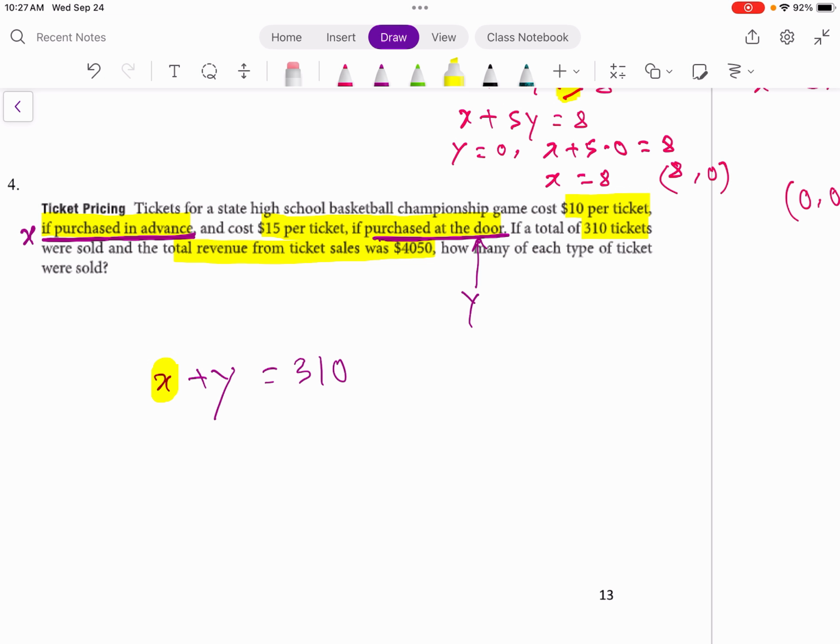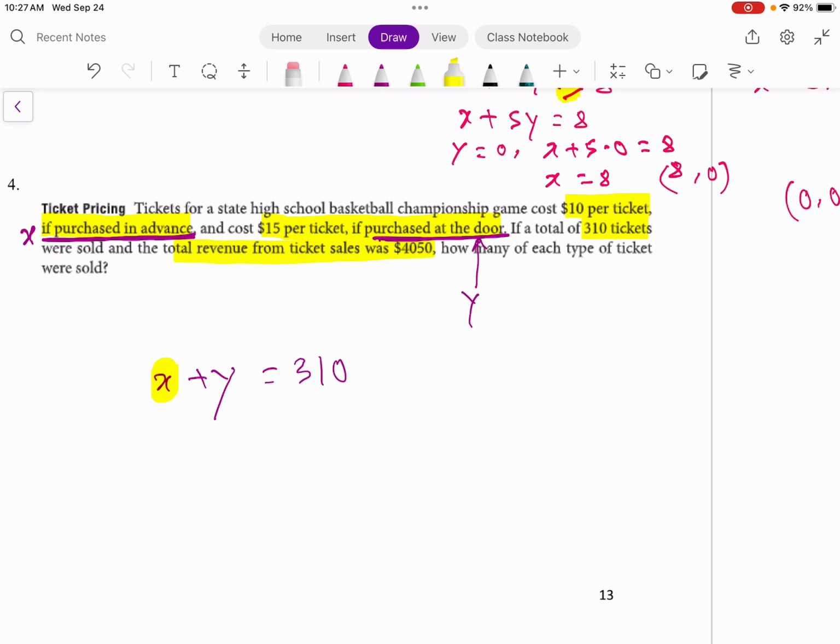One ticket costs $10 if you purchase in advance, and you purchased X tickets, so the cost will be 10 times X. For example, if you purchase 5 tickets in advance, the cost will be 5 times 10, 50. If you purchase 10 tickets in advance, it will cost you 10 times 10, $100.